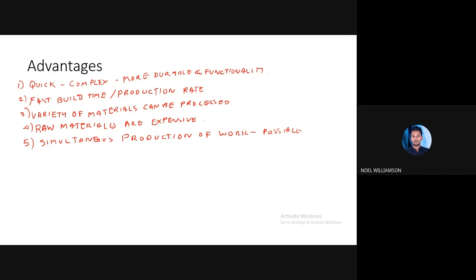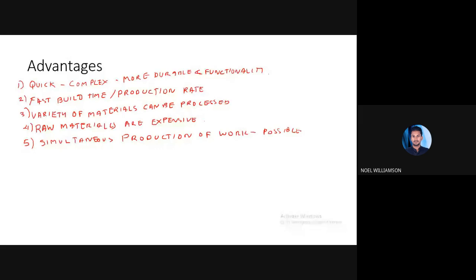Selective laser sintering means using the sintering process on metal or non-metallic powders. We take the non-metal or metallic powder and sinter it using the heat produced by the laser in a selective manner. So that is selective laser sintering, and through it we have these advantages. First, it is able to produce products which are complex, more durable, and having a wide range of functionality.